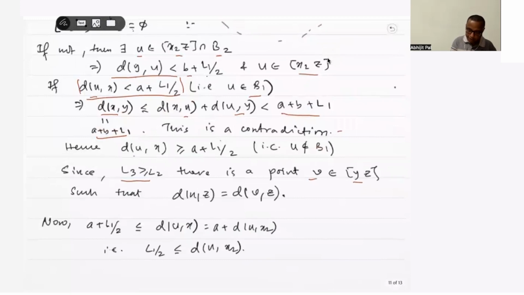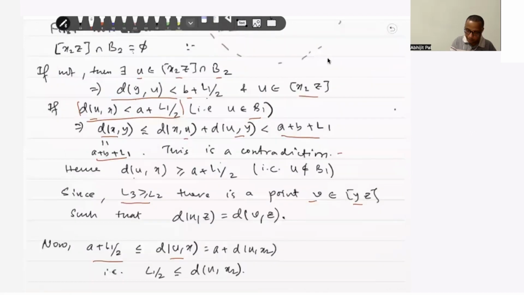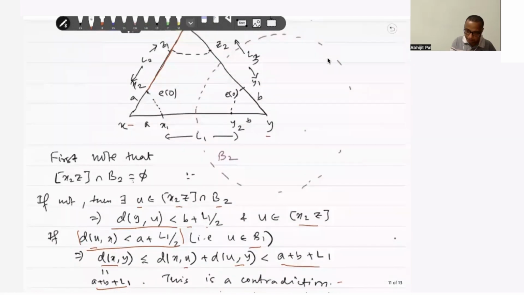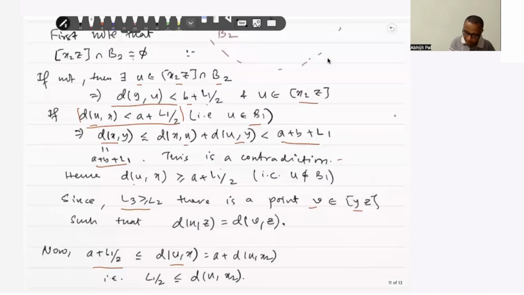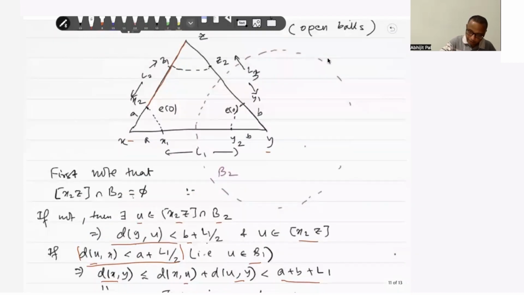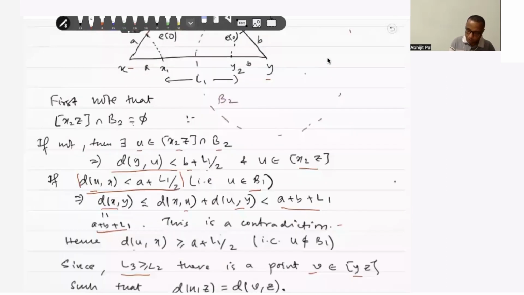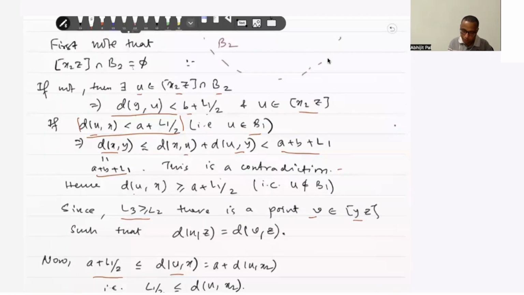Now A plus L1 by 2 is less than or equal to the distance between UX. If you go to this picture, U is lying somewhere here, so the distance between UX is equal to A plus the distance between UX2.